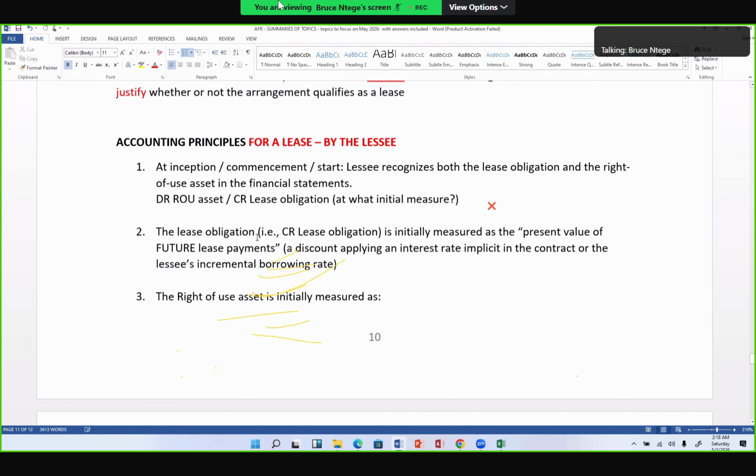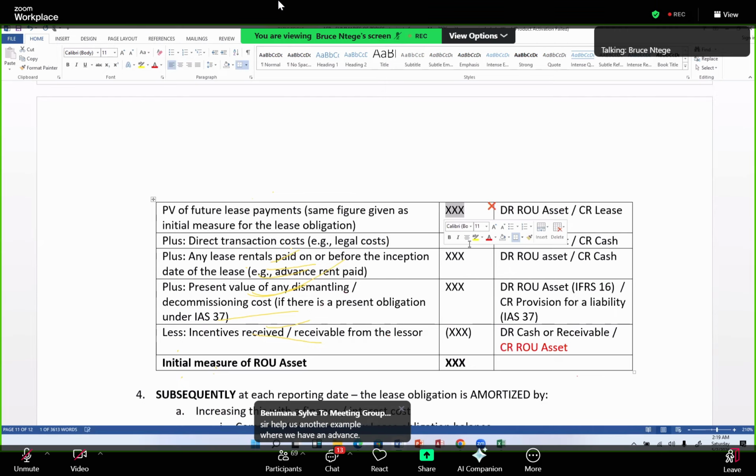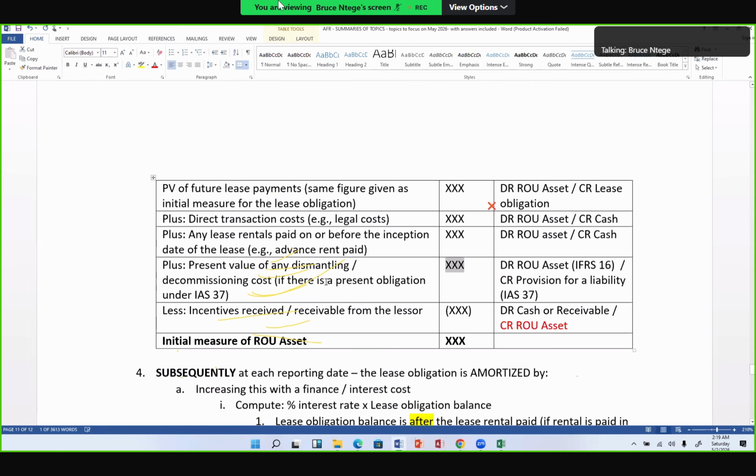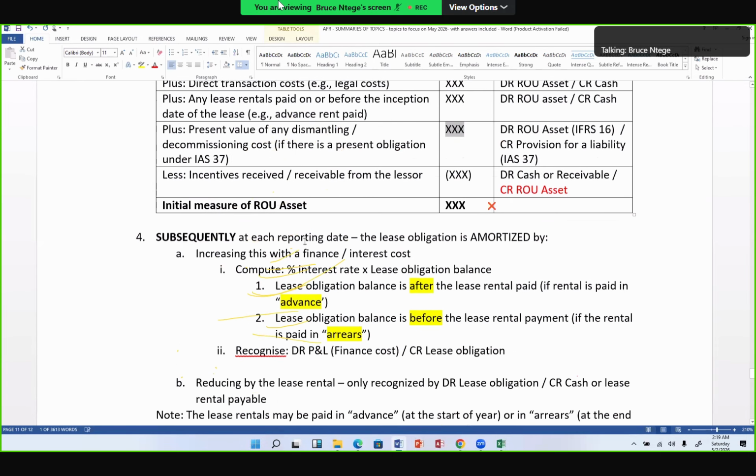Then I said that for the right of use asset, it's not only the present value of the future lease payments, we can also have adjustments to make. Now, in our case, we've seen an adjustment that's related to the present value of the future dismantling cost. So number 3 is done. Number 4, at the end of the year subsequently, we amortize the lease obligation. And you remember that amortization table that you had in there.